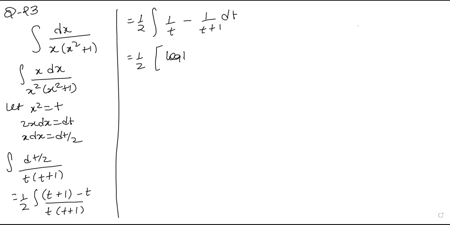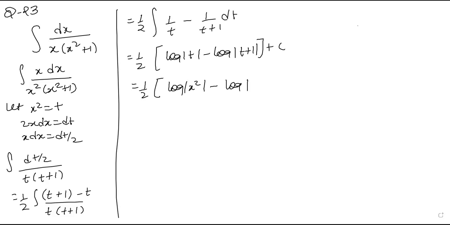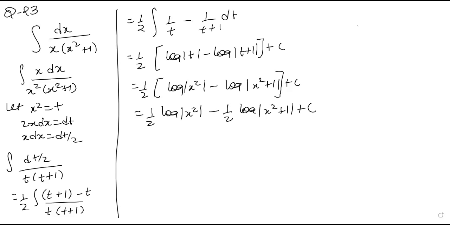This will be log mod t minus log mod t plus 1 plus c. If I replace the value of t as x square, and giving this 1 by 2, applying the property of log, I can write log x square as 2 log x.